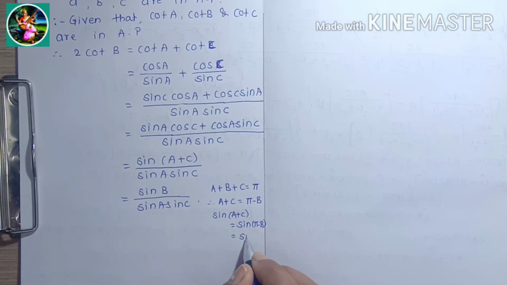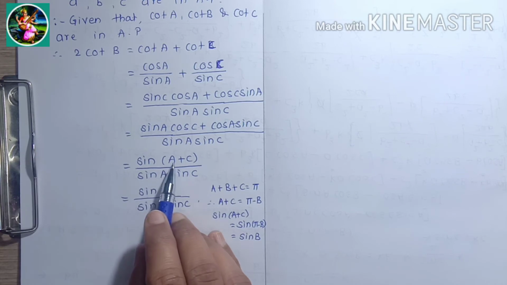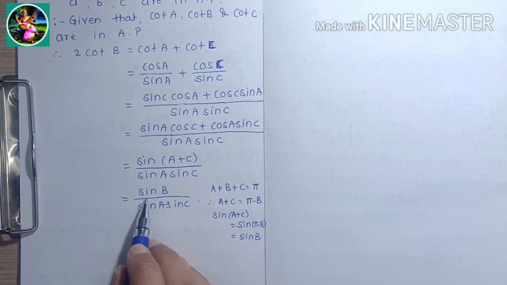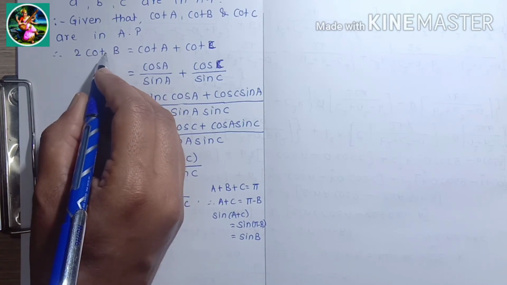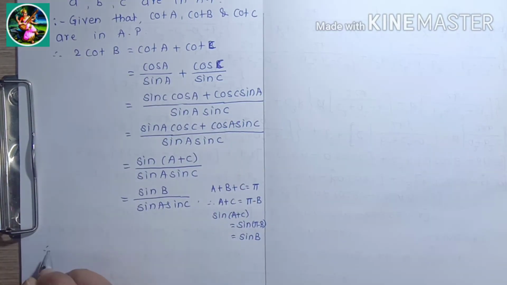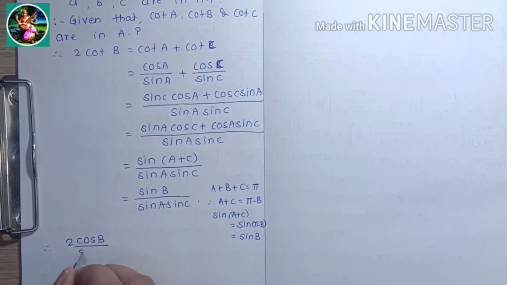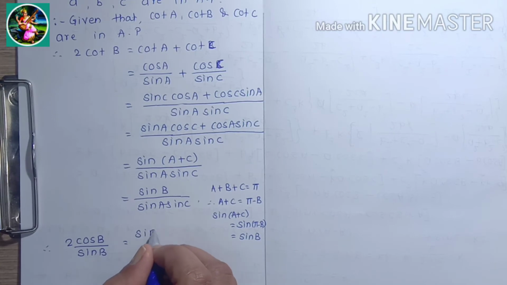Therefore, here we get sine B. So instead of sine of A plus C, we write sine B. Therefore, 2 times cot B we write as 2 times cos B divided by sine B, and in the right hand side there is sine B divided by sine A into sine C.